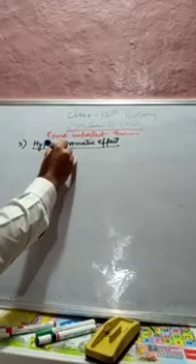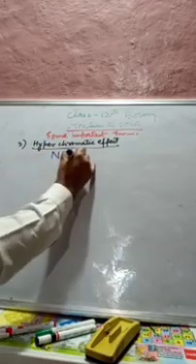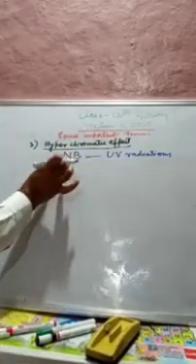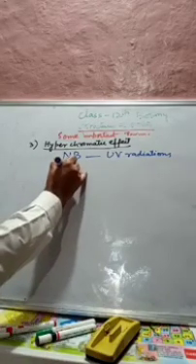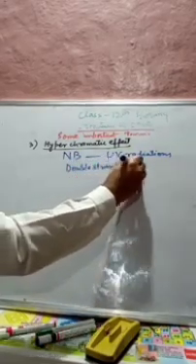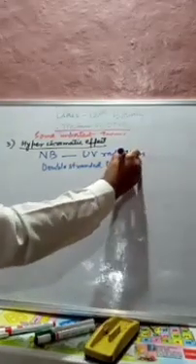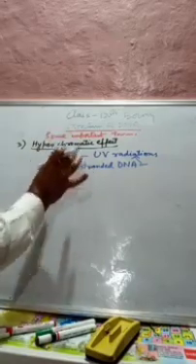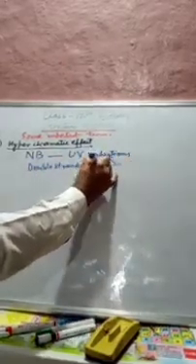They absorb ultraviolet radiation. This is one of their properties. Now it is said that if double-stranded DNA is exposed to ultraviolet radiation, the amount of radiation absorbed by this double-stranded DNA will be less.